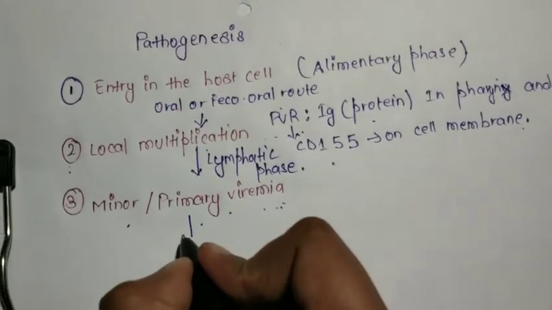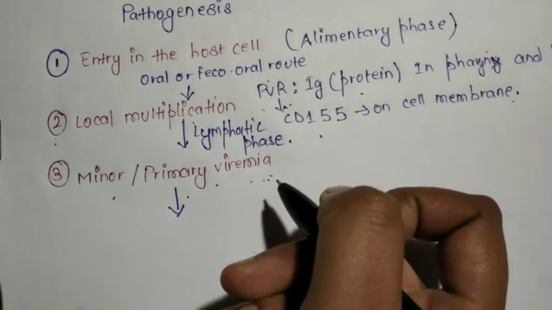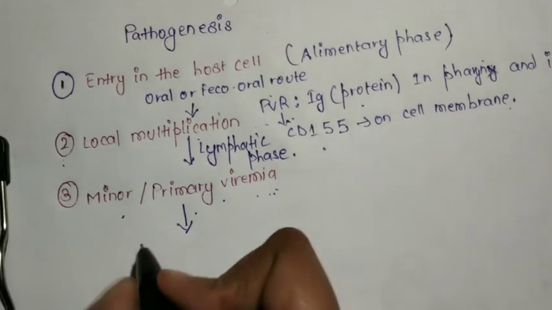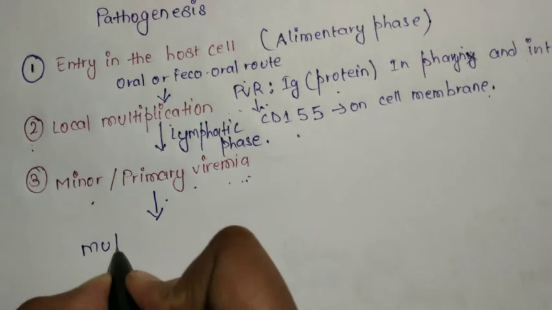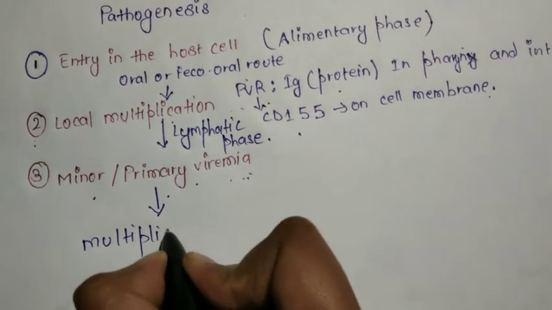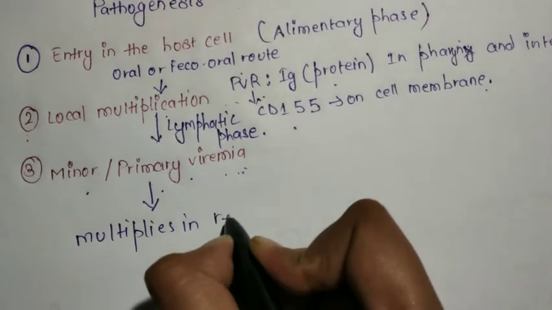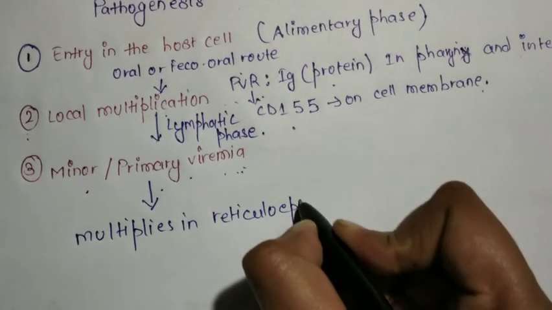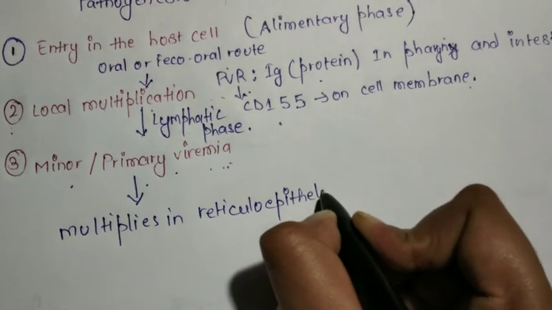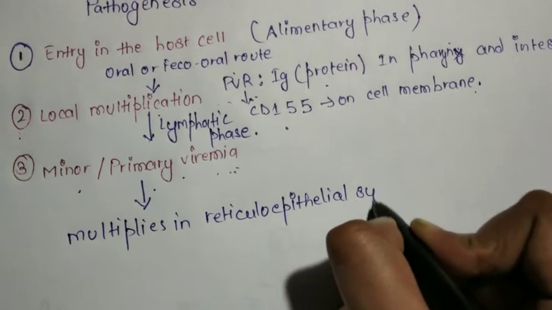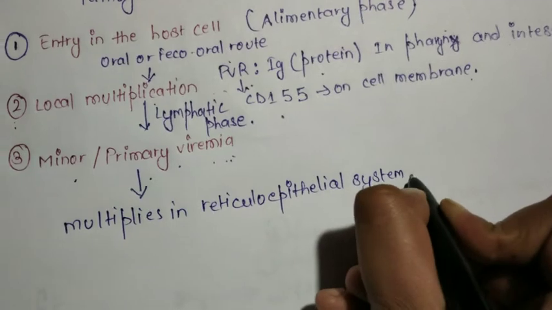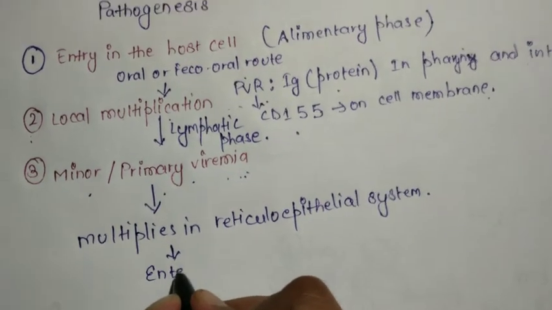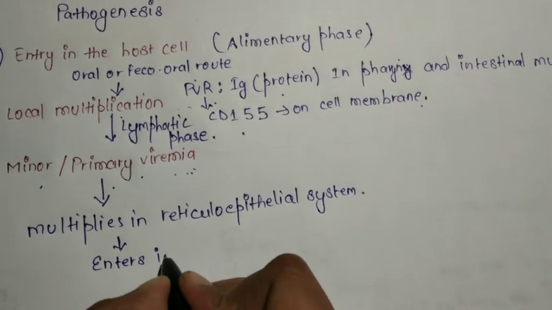After this minor primary viremia, the viruses multiply in the reticuloendothelial system and again enter the blood.